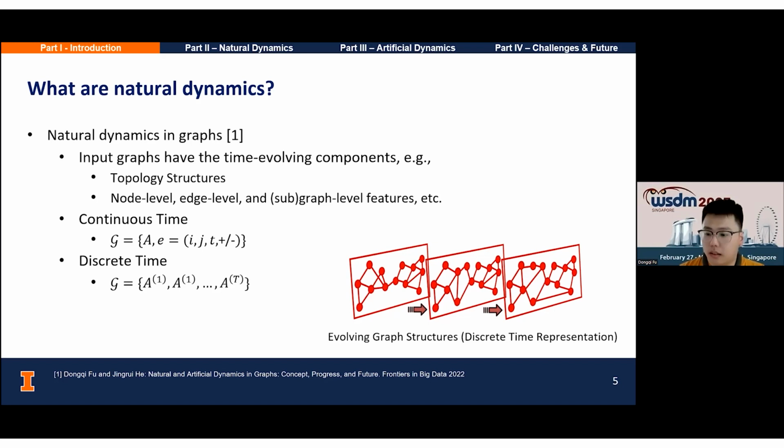Taking the time evolving structures as an example, in continuous time, the temporal graph can be represented by an initial state with the following events. That is, an event may stand for an added or deleted edge. While in discrete time, the temporal graph can be represented by a sequence of graph snapshots. Each graph snapshot has its own node set and edge set, as shown in the right-hand side picture.